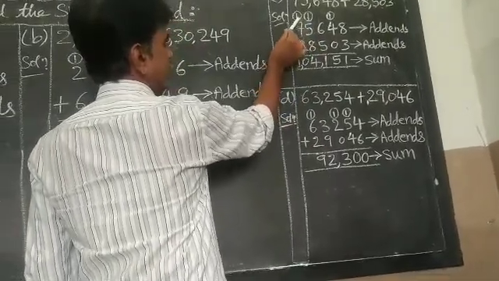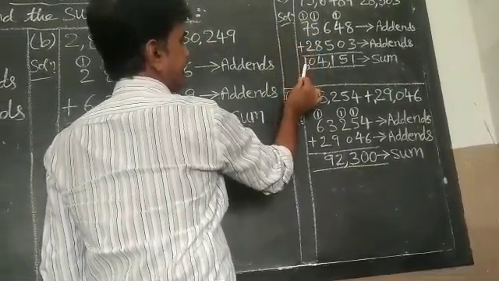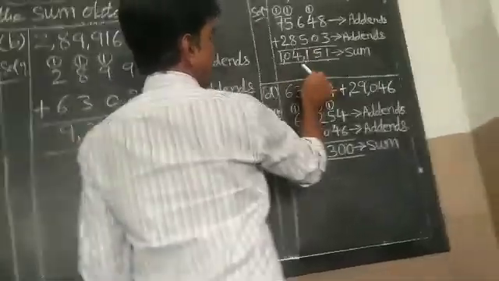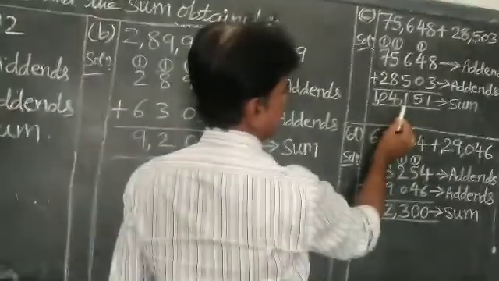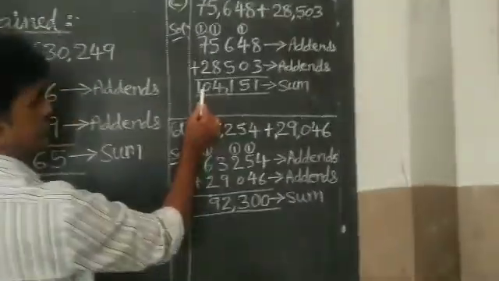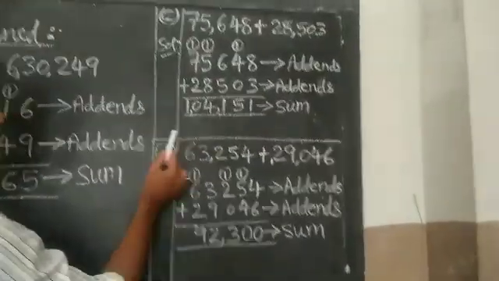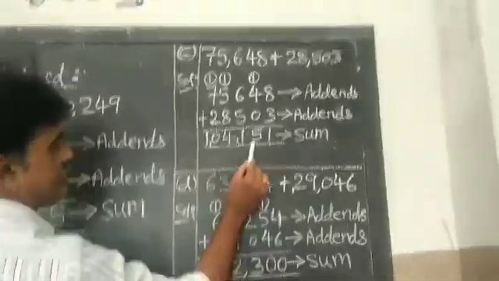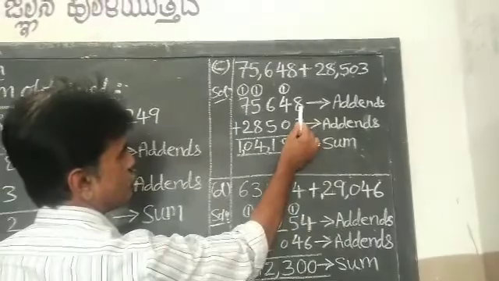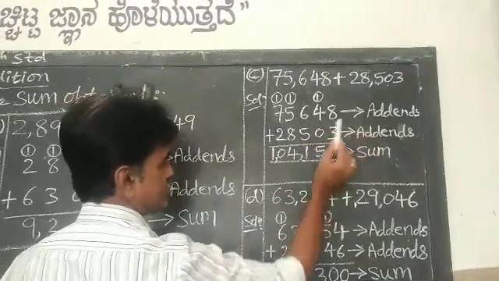Next, last, 1 plus 7, 8. 8 plus 2, 10. Put commas here. First 3 digits, 1 comma. Afterwards, leave 2 digits, 1 comma. It is 1,04,151. This is called the sum, and the two numbers that you add are called addends.